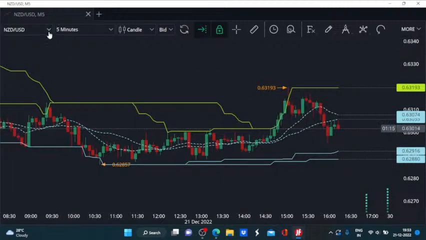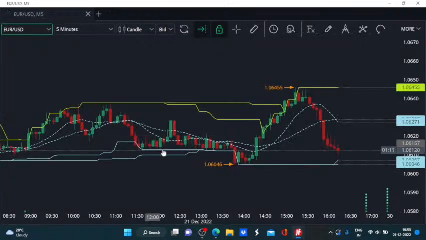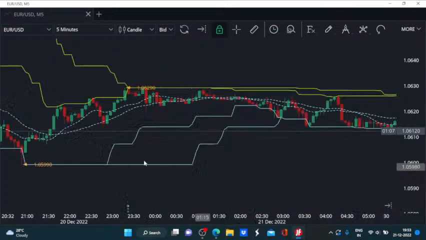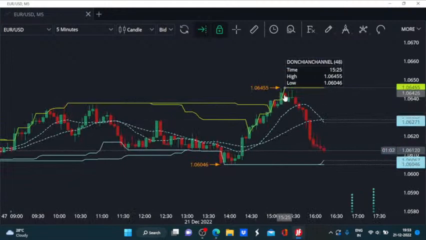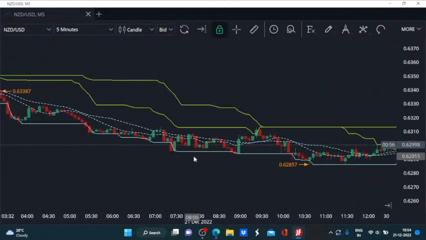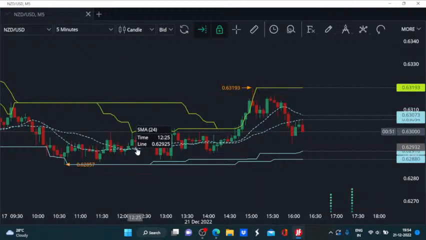But in relative terms, I think it has to be placed somewhere closer to the euro and not closer to the GBP. For the euro, we have seen the day's high being formed, but for NZD that has not been the case.